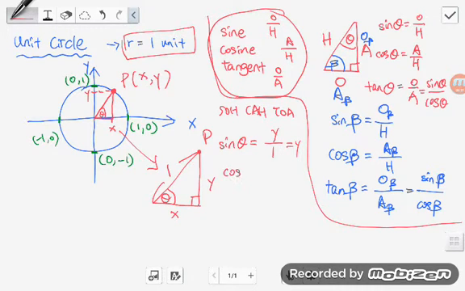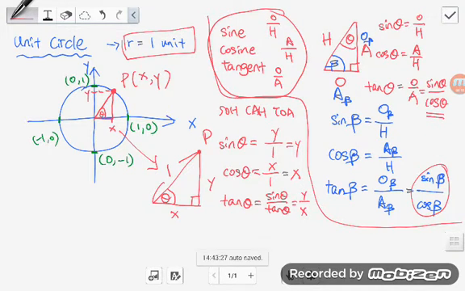My cosine theta is equal to adjacent, which is my x, over my hypotenuse, which is 1, so cosine theta is equal to x. My tangent theta is equal to simply sine theta over cosine theta. We already mentioned that just now, right? Which is just equal to y over x.